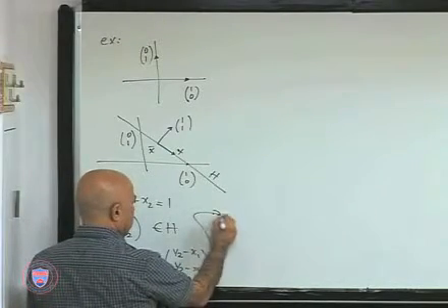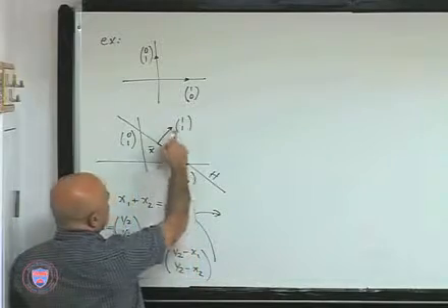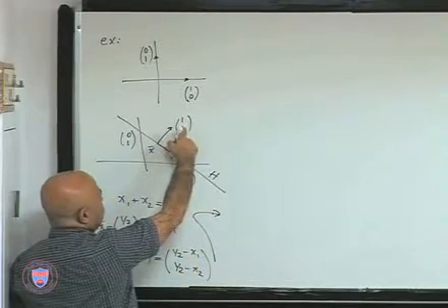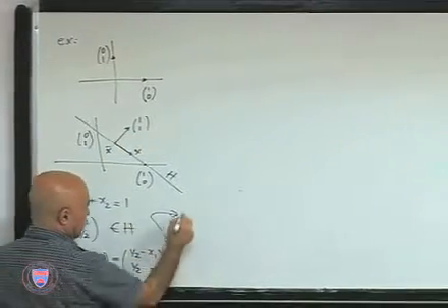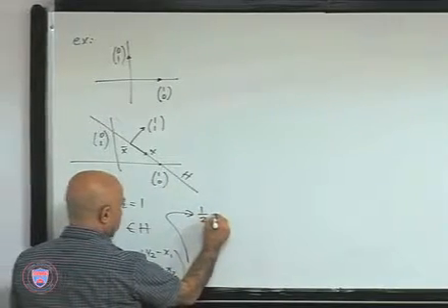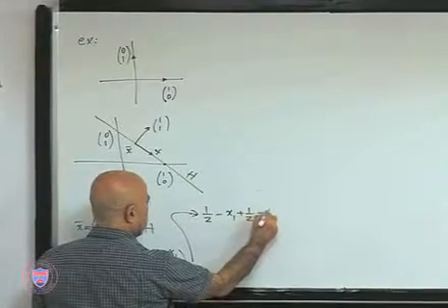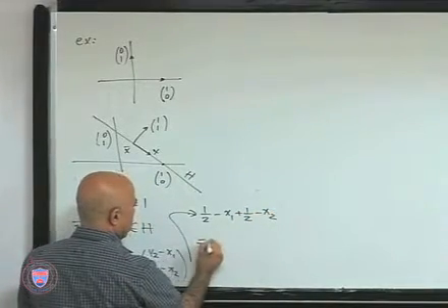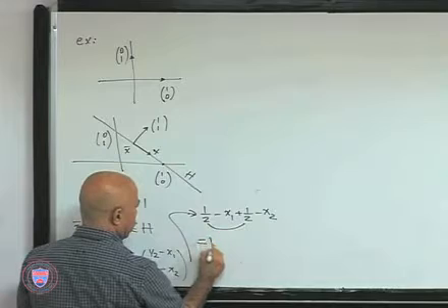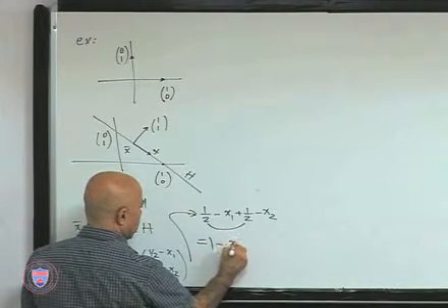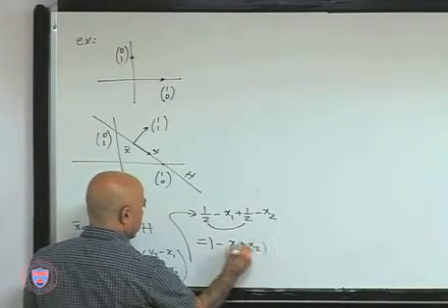Because the dot product of the normal 1, 1 with this vector gives 1/2 minus x1 plus 1/2 minus x2, which is 1 minus x1 plus x2.